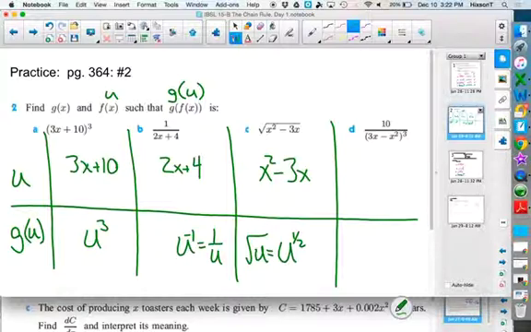Now, what did you decide for u, Lexi? I still put just u. 30x minus 10x squared. You just put the 10 inside there? Yep, just because they wanted a home.